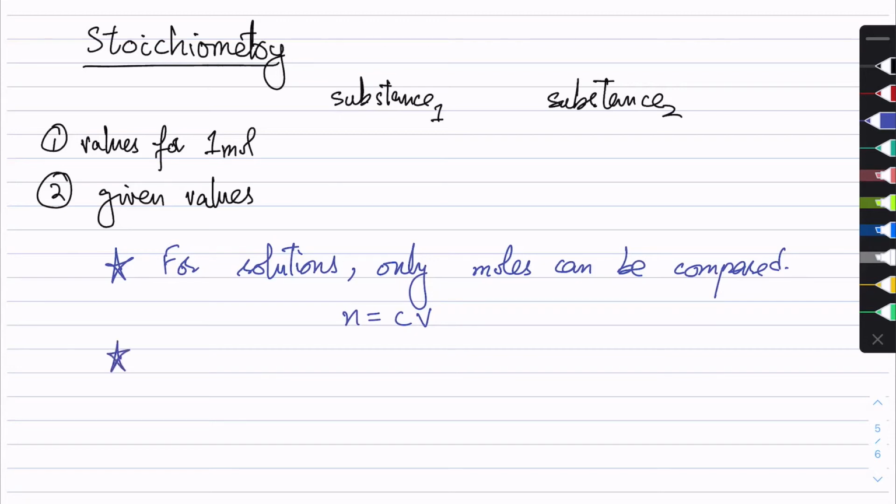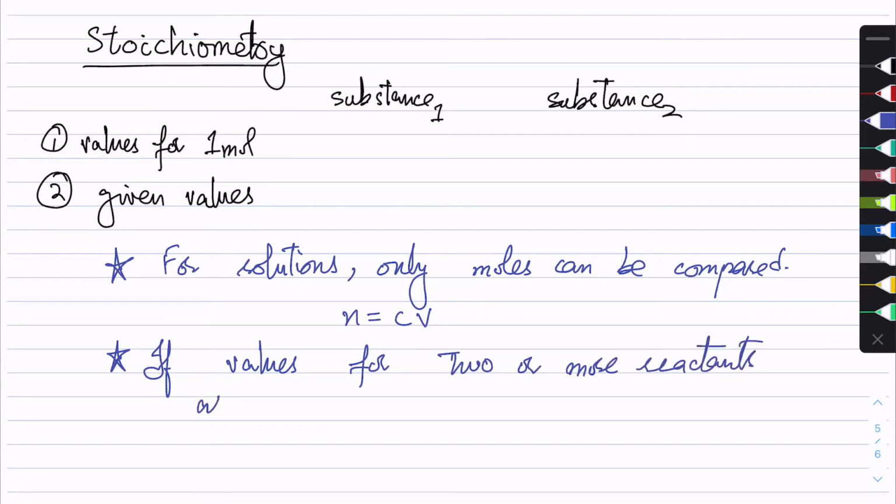Second, if values for 2 or more reactants are given, find limiting reactant first.